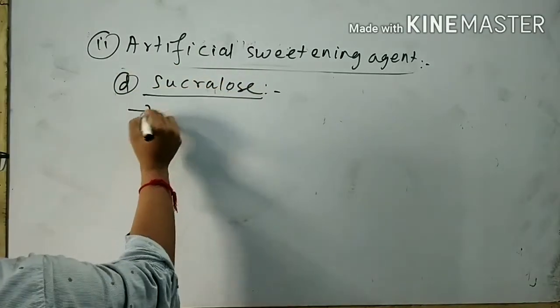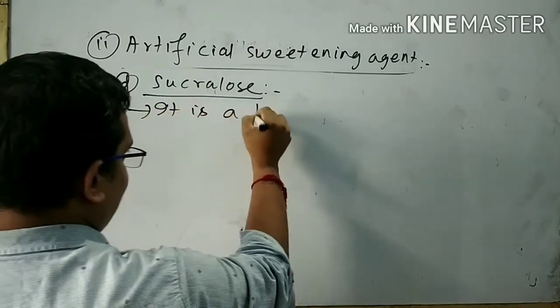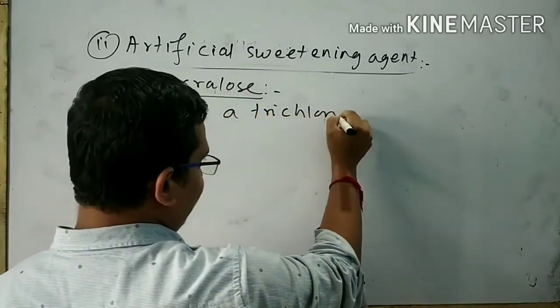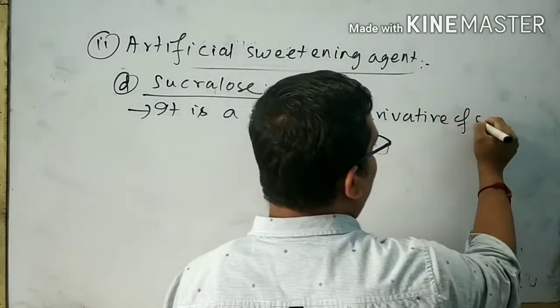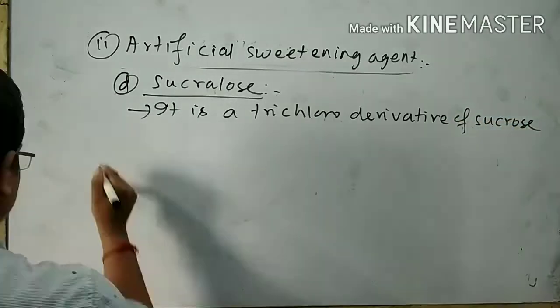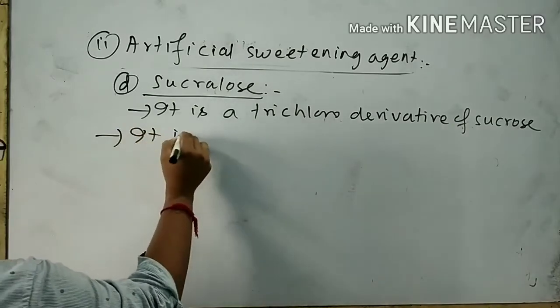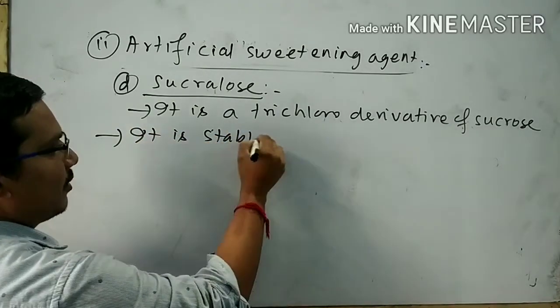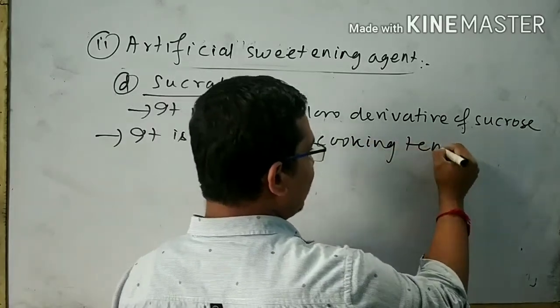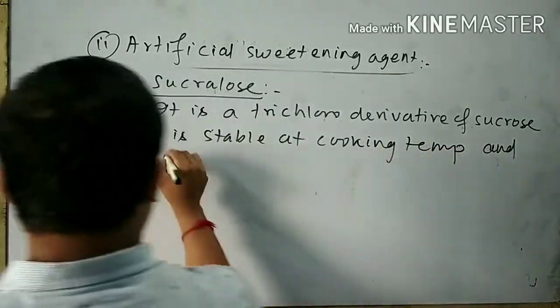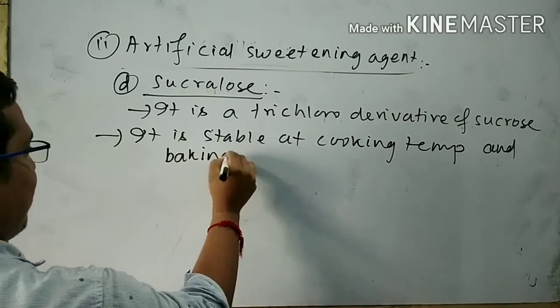Next artificial sweetening agent is sucralose. It is a trichloro derivative of sucrose. It is stable at cooking temperature and baking temperature.